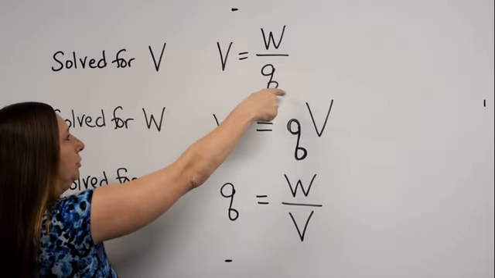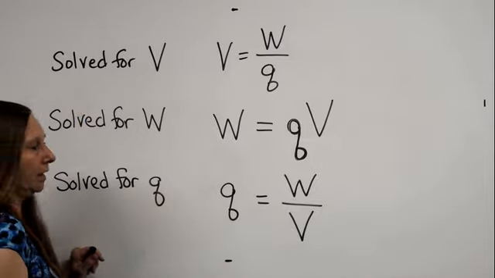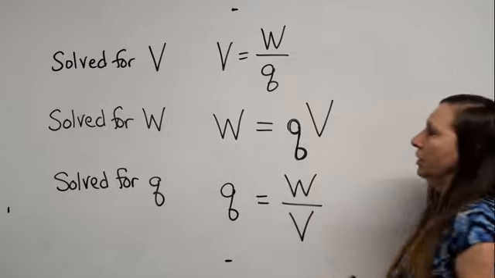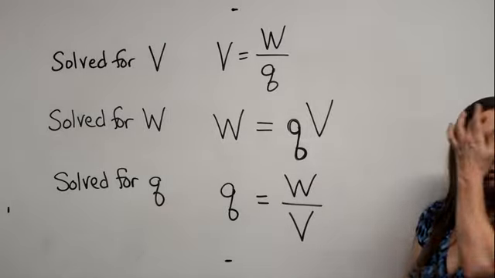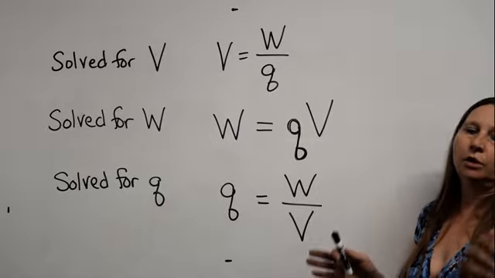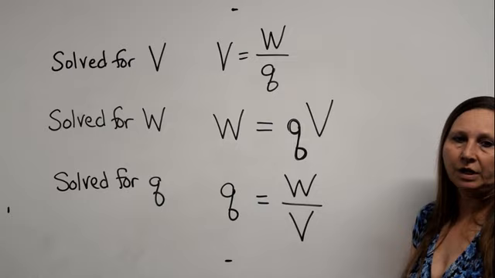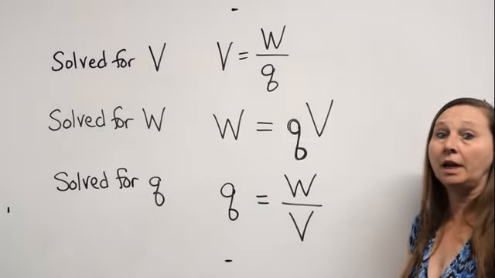Put the Q up there, the V down there. And this is correct. So this is the voltage equation solved for V, solved for W, solved for Q. Please be very careful to solve correctly when you try to use these different versions of the same equation. Follow correct rules for algebraic manipulation.